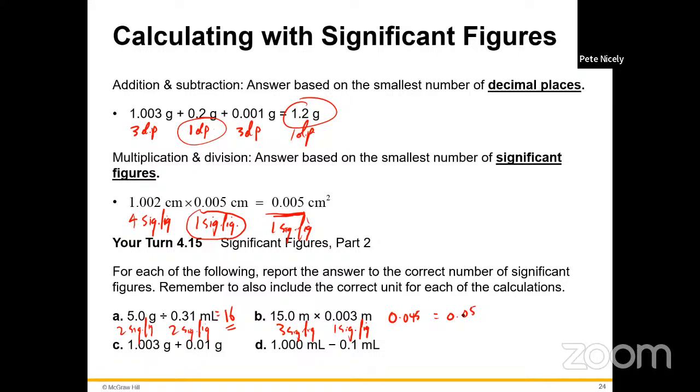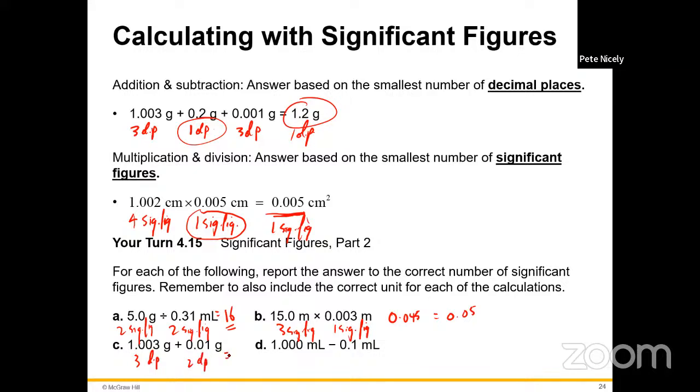Okay, let's look at this one. We're adding 1.003 to 0.01. So remember now, when you're adding and/or subtracting, you're going to round off your answer to the lowest number of decimal places. So we have to look at the number of decimal places here, which would be 3 decimal places. And here, this would be 2 decimal places.